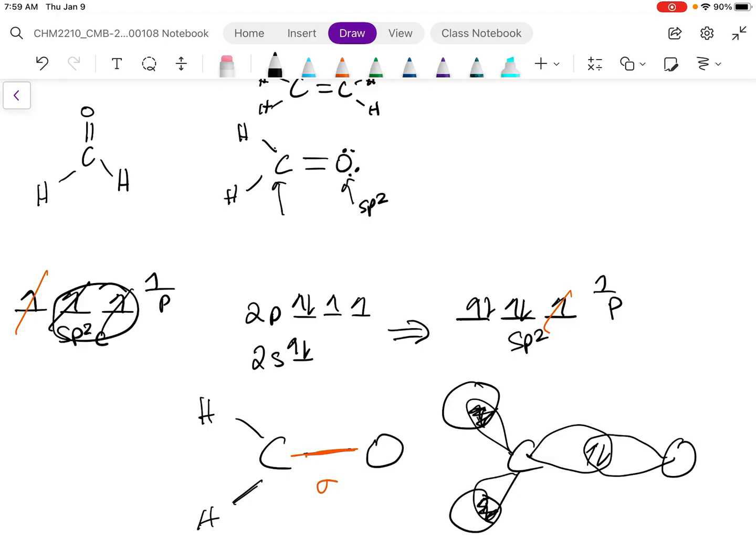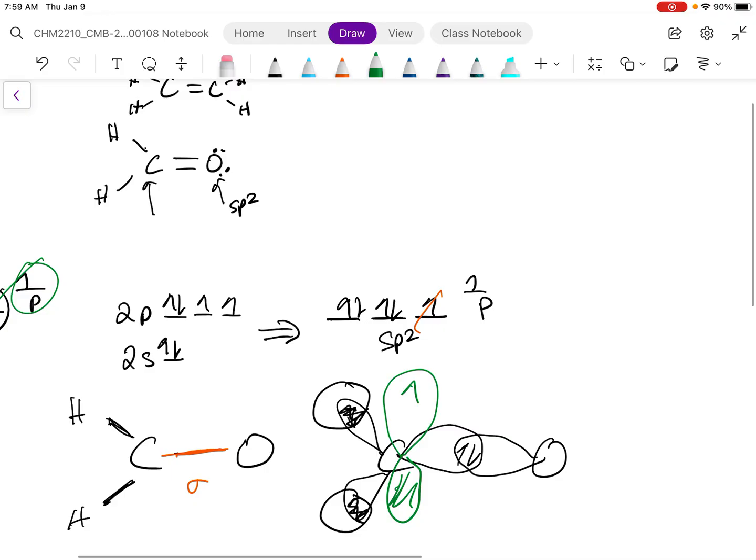And so what type of bonds are these? Those are 1s to a carbon sp2. But oxygen, so we've accounted for that electron. And then we see that we have a p, so that has to be perpendicular, right? With some phase, and it comes with an electron. So we've accounted for everything on carbon. Now let's finish up the oxygen atom.